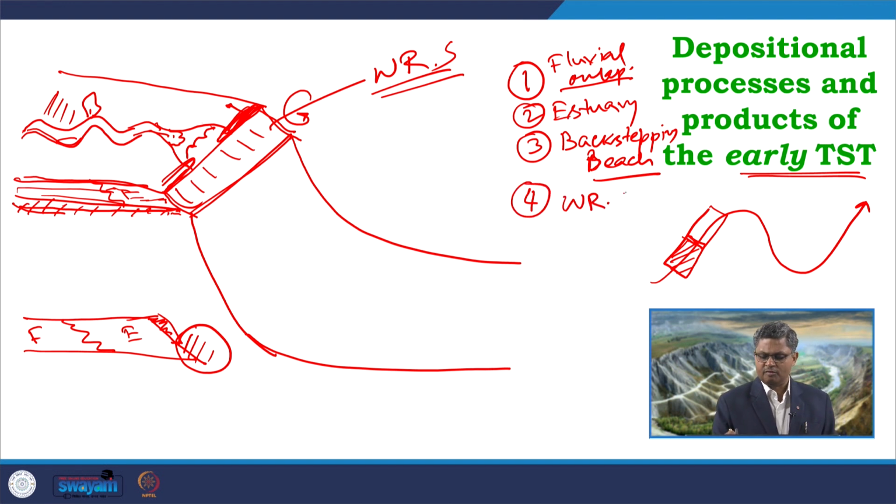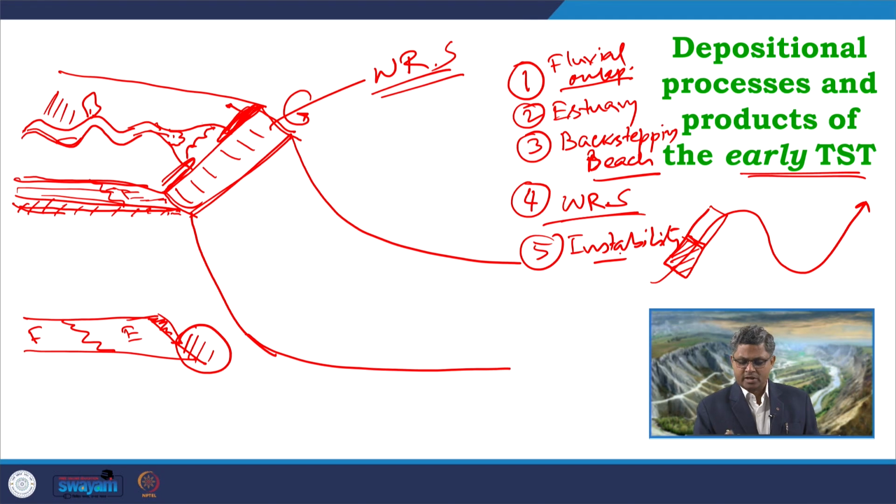So, formation of good wave ravinement surfaces, and this wave ravinement process, which is very close to the shelf edge, as you can see from here at this particular phase, this will lead to instability in the shelf edge area. So, instability in the shelf edge.